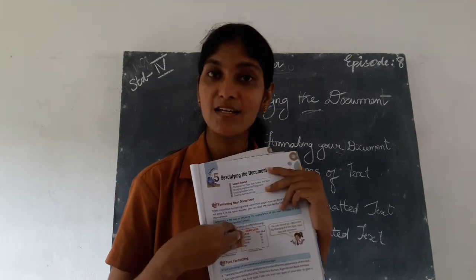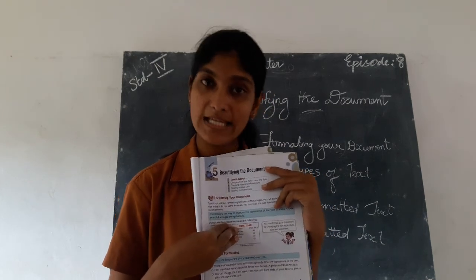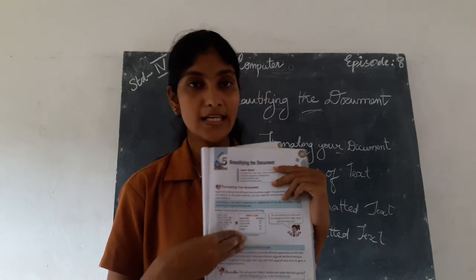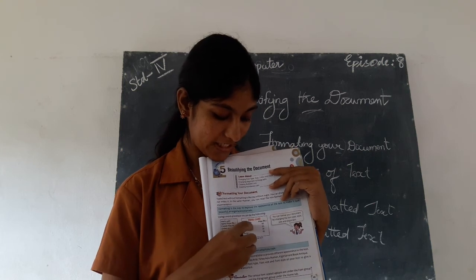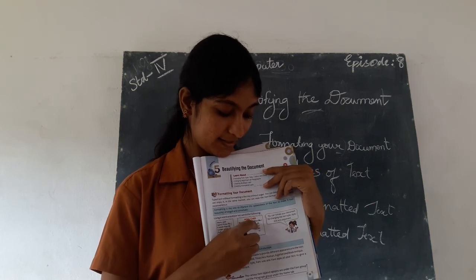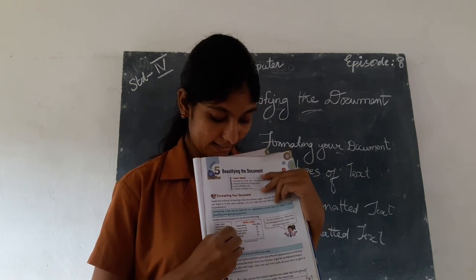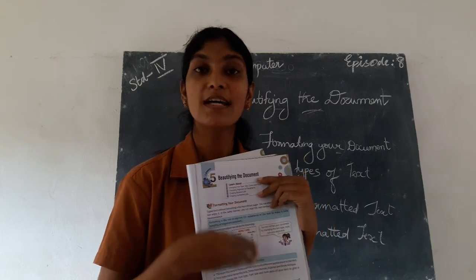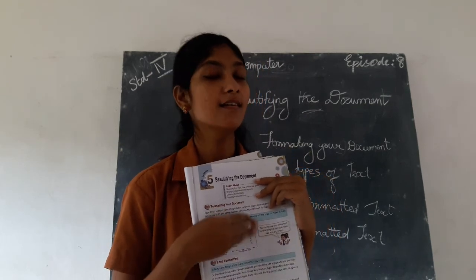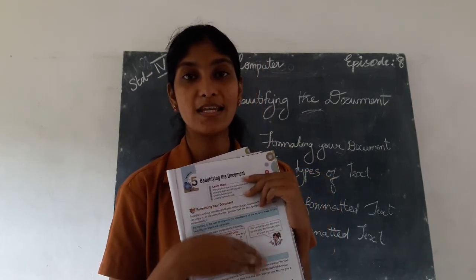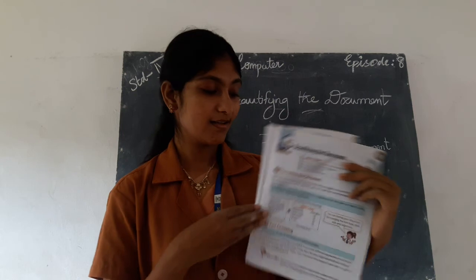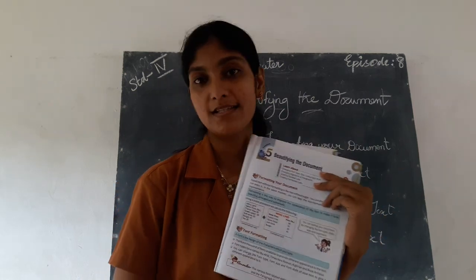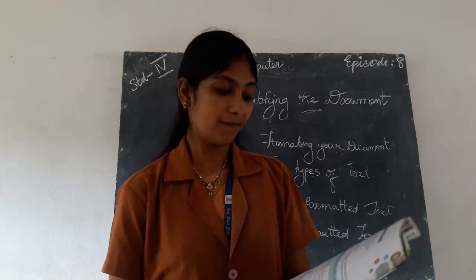So we can identify each list and understand it very easily. Here French fries, how many rupees? 60 rupees, and then green salad 55 rupees. So the arrangement of the names of the food items and the price is very easy to understand. This type of text is known as formatted text.